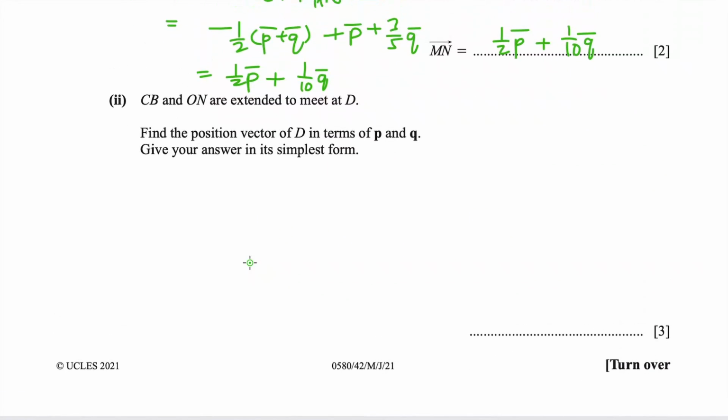So the second part: CB and ON are extended to meet at D. Find the position vector of D in terms of P and Q. Give your answer in the simplest form.